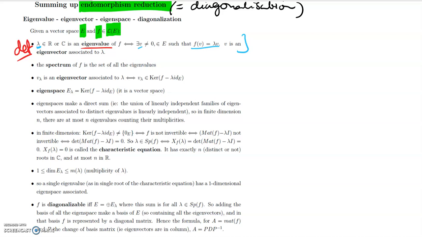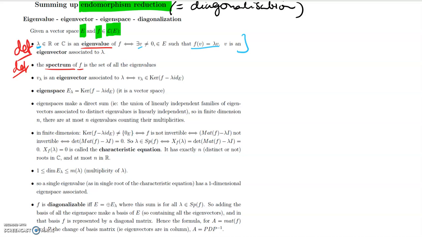Maybe you haven't seen that word, the spectrum. The spectrum. So that's another definition. The spectrum of a linear map, of an endomorphism. So think always, when we say endomorphism, square matrix, right? That will be your basic representation. So think about a square matrix of size 3 times 3, for instance, or even 2 by 2.